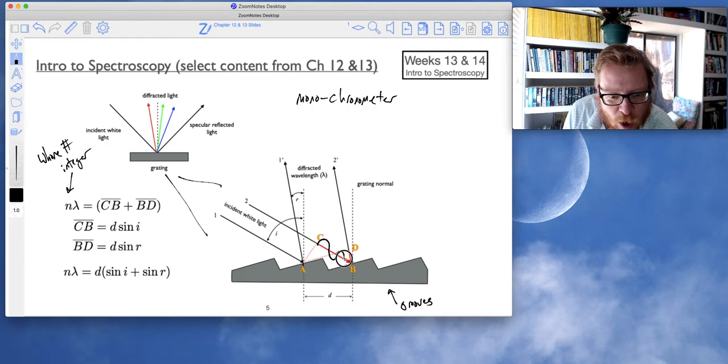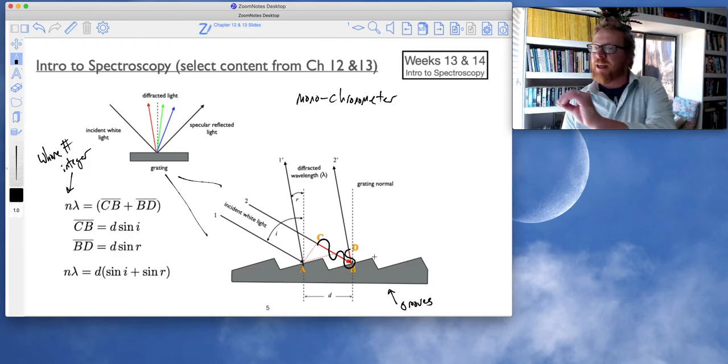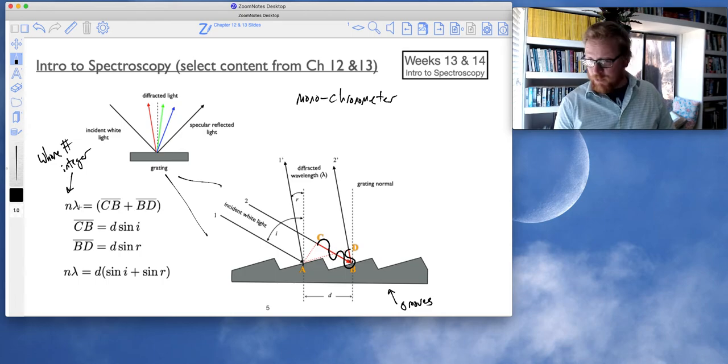So I'll try to draw that the best that I can, maybe something like that, right? If I were to unravel that full distance, I need it to be a whole integer wavelength. Then whatever that wavelength is, that is the wavelength of light that will come off given the incident angle I, and of course the angle R.